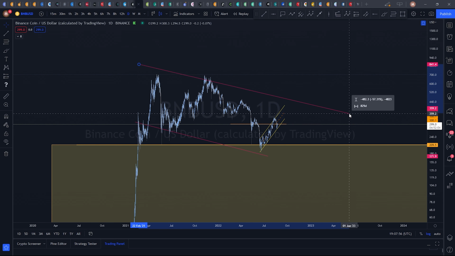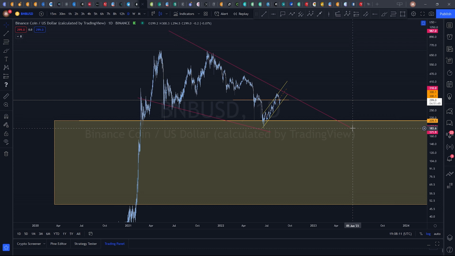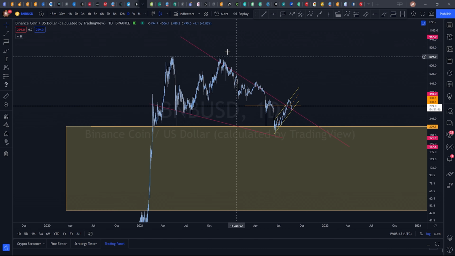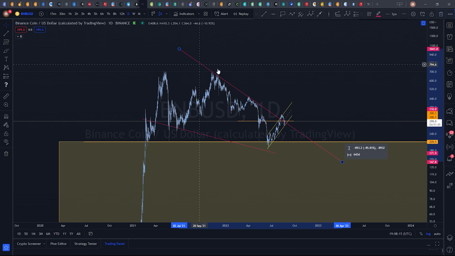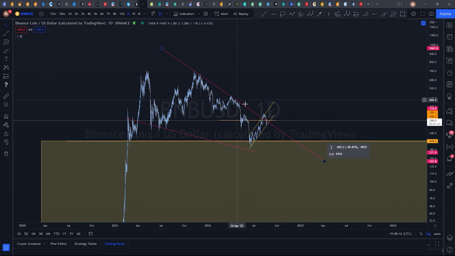Can't really make out what they're trying to do here with price action. So they got a nice ceiling here. They got above the ceiling, but it looks like they're breaking back under. Interesting with BNB.